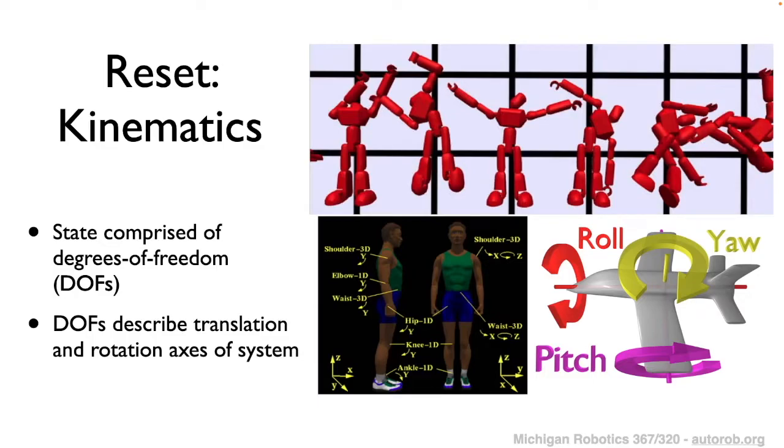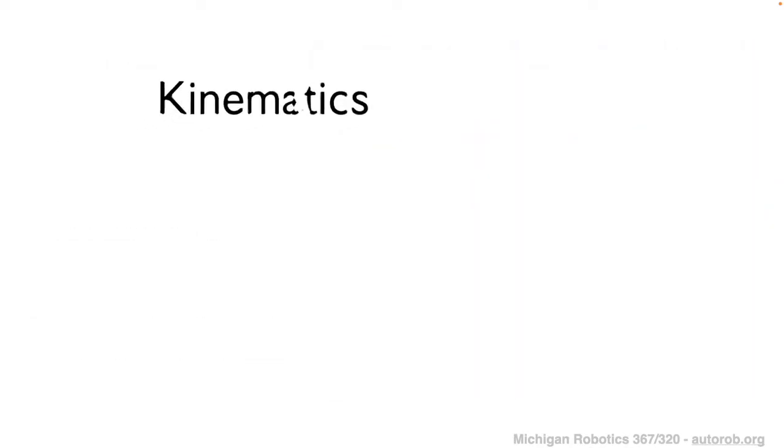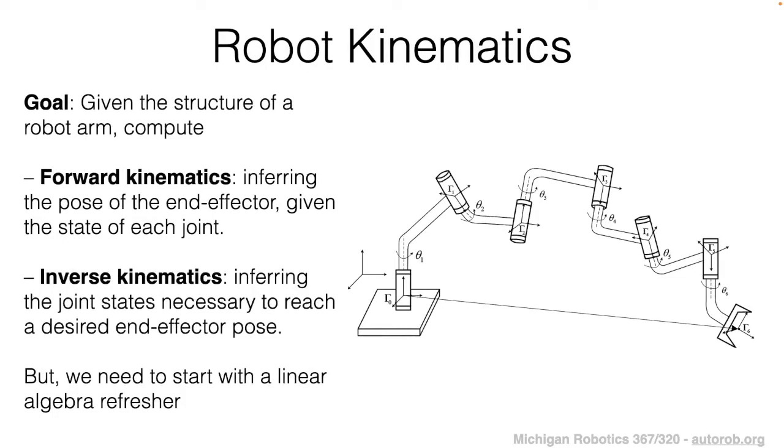That is essentially defining the set of configurations that are valid, that the robot can take and still obey its constraints as defined by the degrees of freedom, right? Basically ensuring that the robot stays together, but that the various joints are articulated in a fashion that is valid according to the joints within the kinematic structure of the robot. This is what we refer to as robot kinematics.